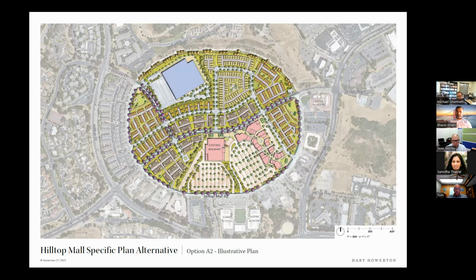Obviously, we're starting our process and we're really excited to hear input, but we feel that this is, quite frankly, probably a more complementary type of approach for this neighborhood. But certainly the statement about creating Emeryville and that vertical mixed use is out there, and it is going to come up again. So Sean, did you have anything you want to add before we start to take the questions?